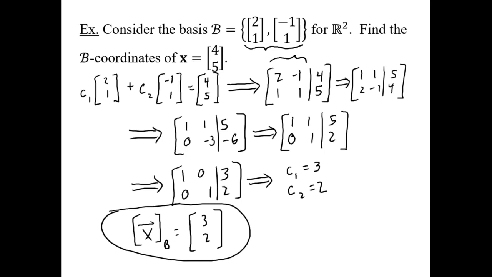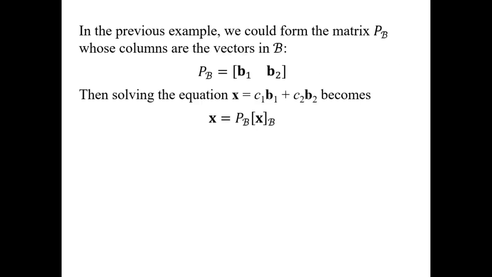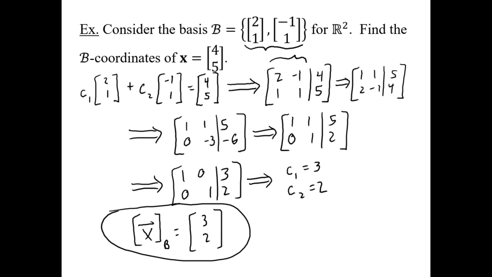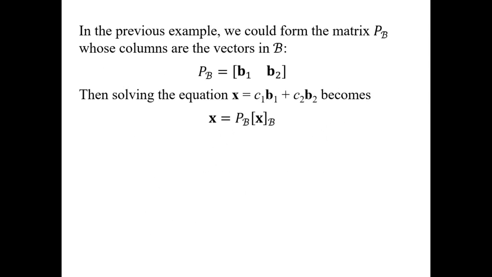Okay, so let's think about what we just did here. In the previous example, we could form the matrix P sub B, where the columns are the vectors in this basis. And that's exactly what we did. That's basically the coefficient matrix, right? That's the left side of this augmented matrix. So we could form this matrix, P sub B, and then finding the coordinates is basically the same as solving the matrix equation.